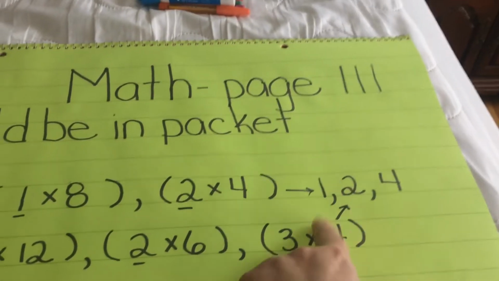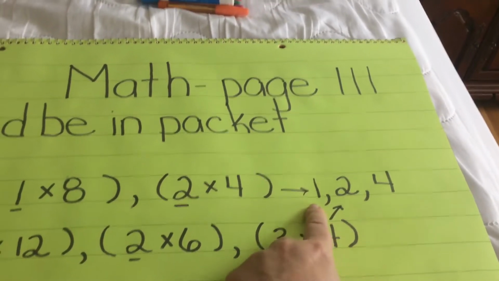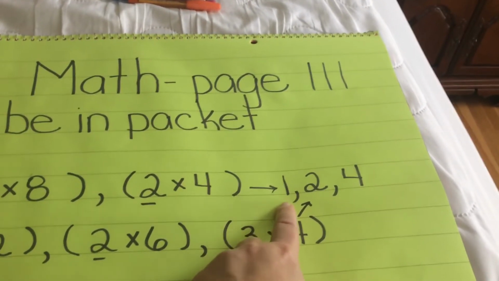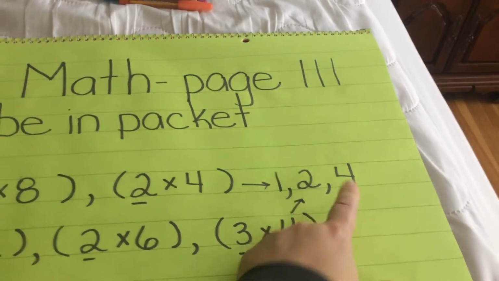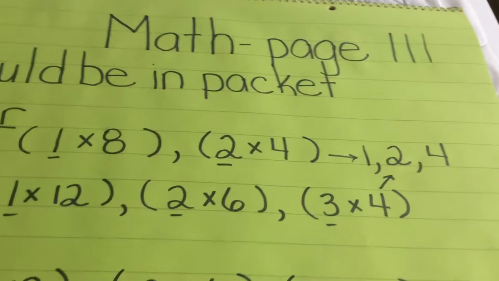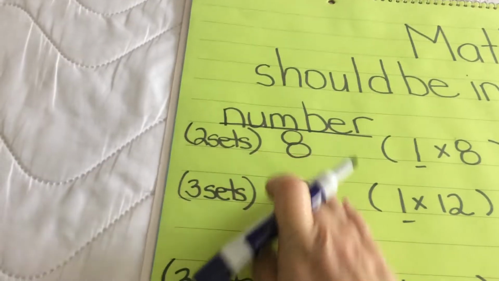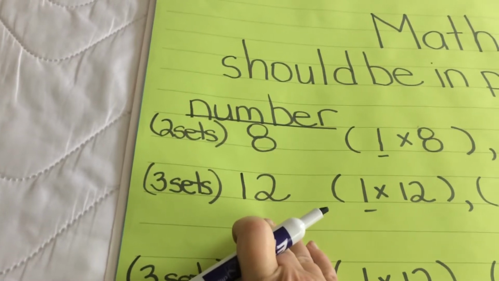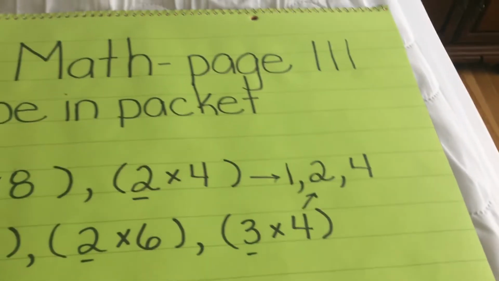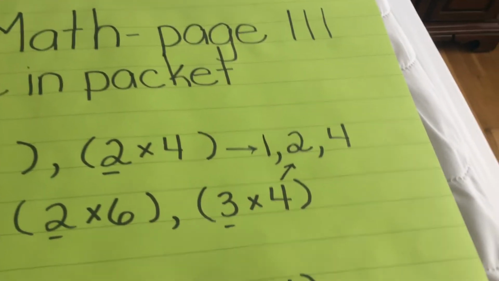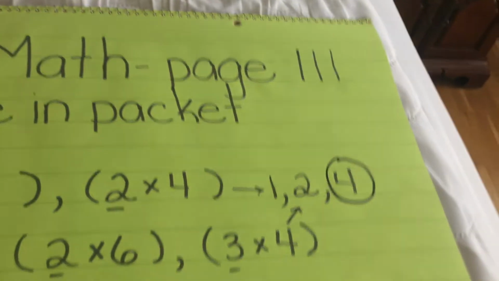Well, the common factors, not the GCF, are 1, 2, and 4. And then the greatest common factor, again, I'm on the 8 and the 12. They've done everything for us, and I'm glad they did. The greatest common factor is 4.